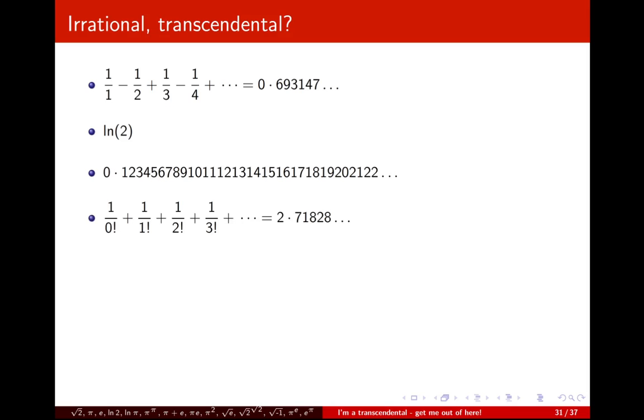This infinite sum with factorials in it happens to be e, so it is also transcendental and hence irrational. This number, on the other hand, which is an alternating sum with fractions with denominators which are only odd numbers, happens to be 1/4 of pi, so that's also transcendental and hence irrational.